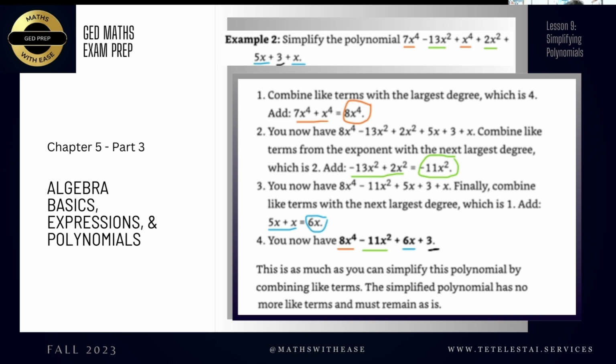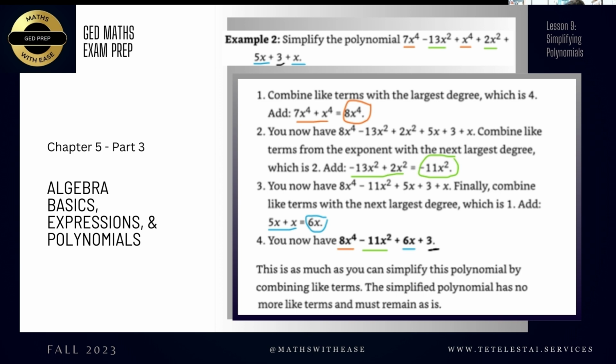Then you would continue the same thing until you've exhausted all the terms in your expression. Next we are looking for terms with only power 1, or no power. So 5x plus x would be the next set of terms that we group. 5x plus x is 6x. Again, we're just ignoring the variables and their associated powers, in this case 1, or you can consider it as having no power.